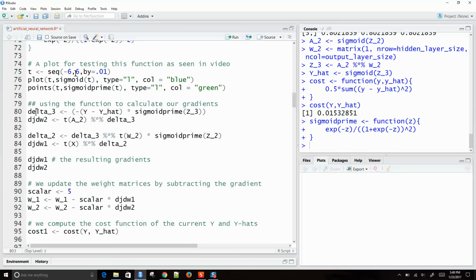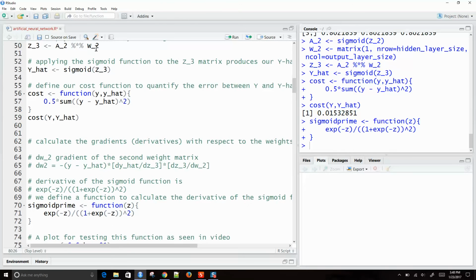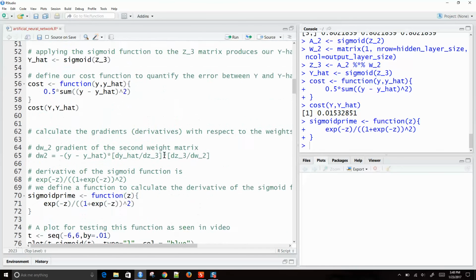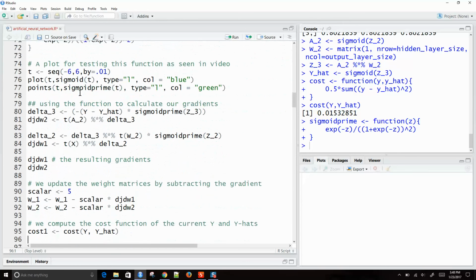But we've defined delta 3 as negative y minus y hat times, and notice this is the regular element-wise multiplication versus the matrix multiplication. So percent star percent is matrix multiplication, and then regular old star is element-wise multiplication.